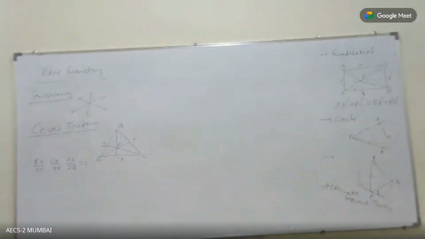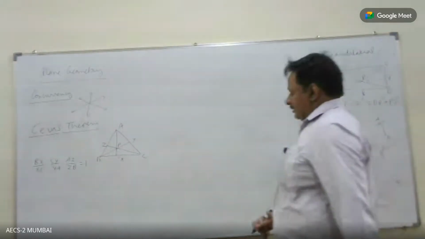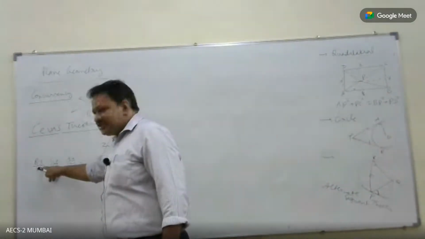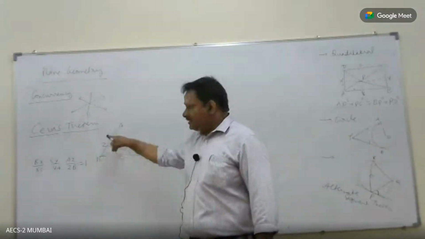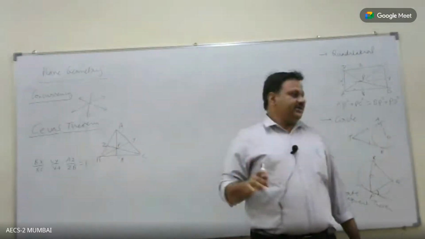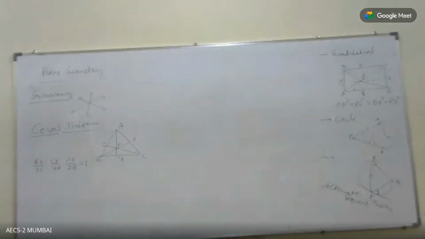The product of the ratios of the segments of the sides of the triangle is always 1. This theorem is known as Ceva's theorem. Right? Now you know how it will help to prove the concurrence.